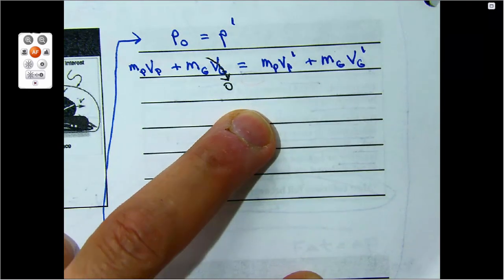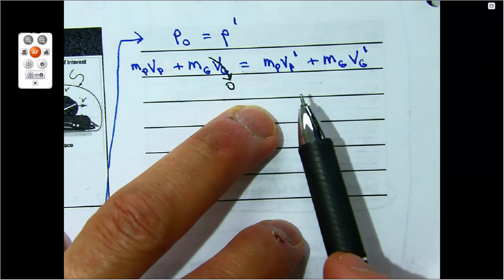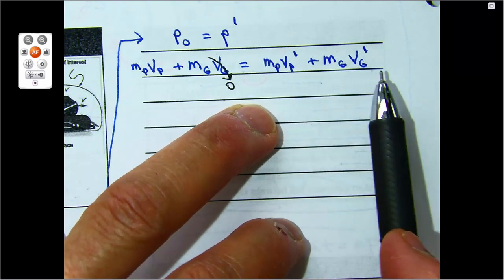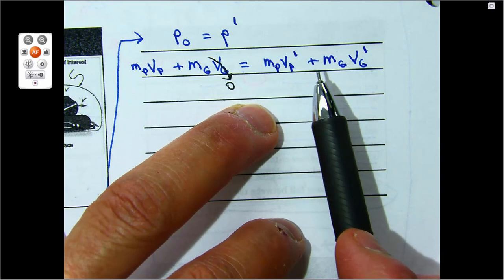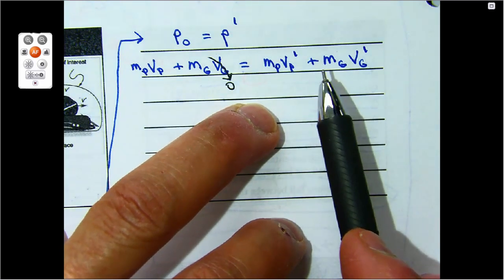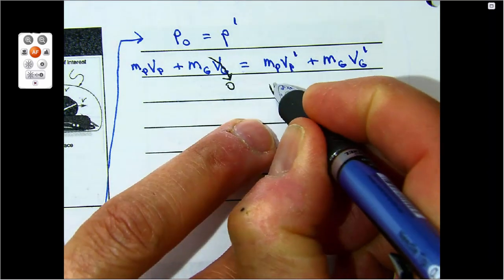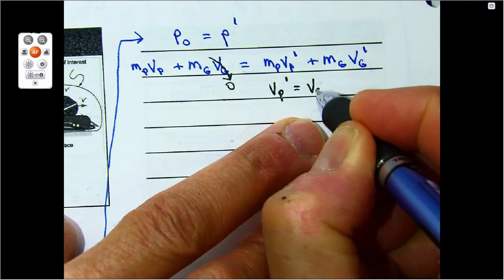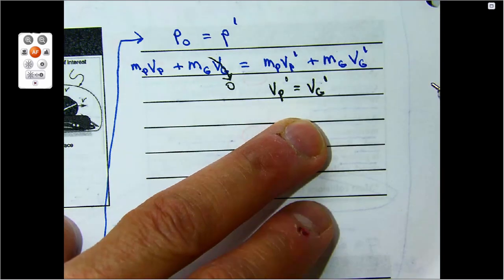Here's what we know. These V primes are going to be the same. Just like when you shot the ball into the catcher, the ball and the catcher are going the same velocity. So we know that V prime of the puck equals V prime of the goalie. It's the same.